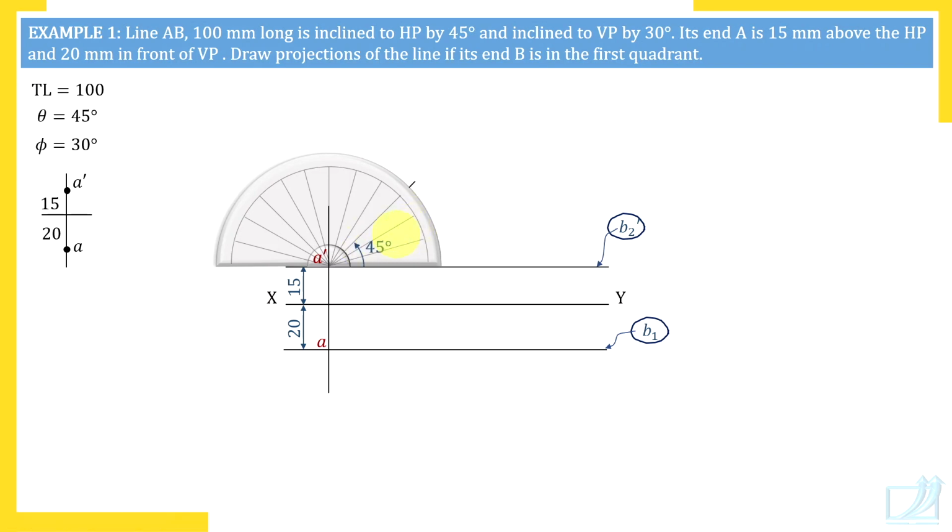It is front view, so you should measure inclination with HP, 45 degrees, and then draw that true length front view. What is this length you have measured? 100 millimeter. So you should not label this point B dash. A dash B dash, wrong. A dash B dash has length FL. This is not A dash B dash. It is A dash B1 dash. So label it properly, A dash B1 dash.